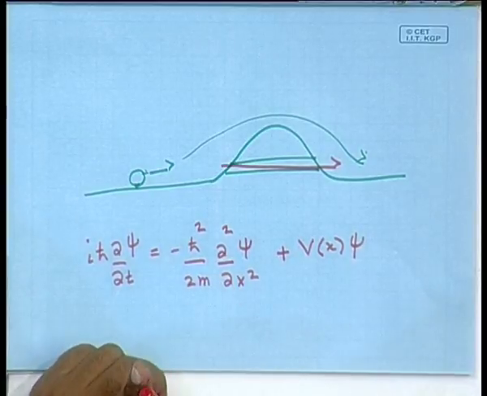If the function psi has a different value on the left hand side and the right hand side at the boundary, if it is discontinuous, then you cannot evaluate the first derivative. The function has to be continuous for the first derivative to be defined.